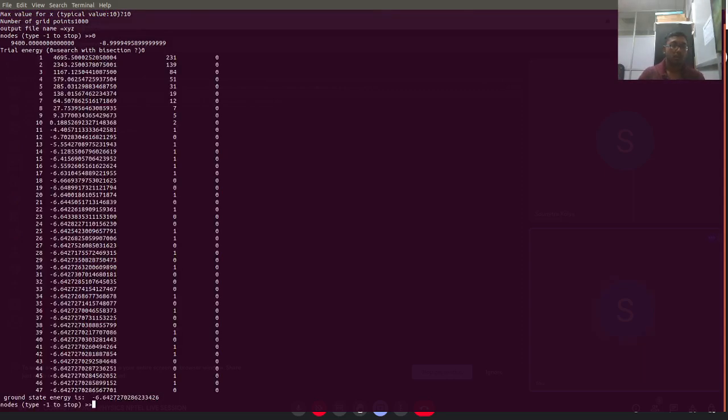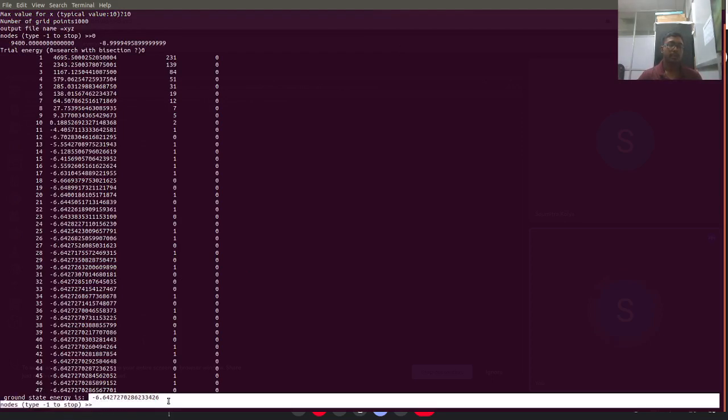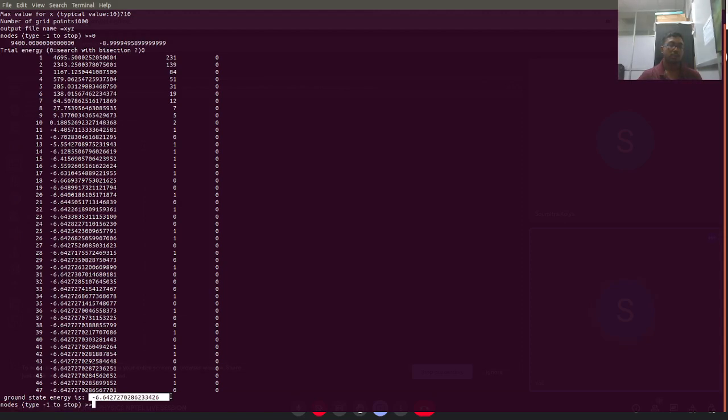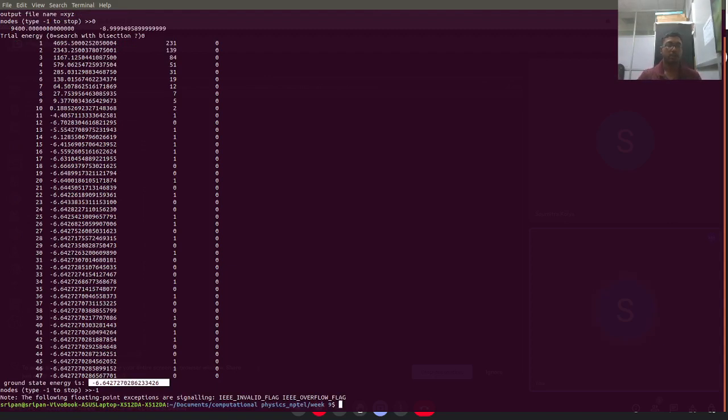So you see it needs a total of 47 iterations and the ground state energy is minus 6.642. How do I stop this program? I have to type -1 and it will exit. So the answer is minus 6.64272.